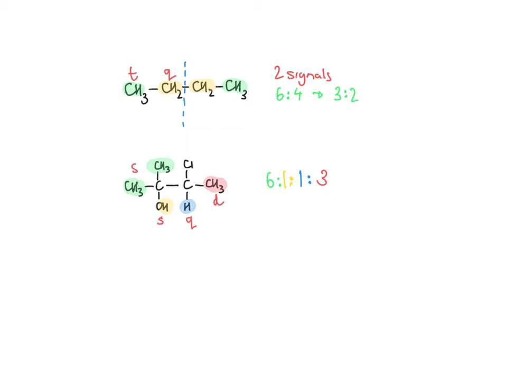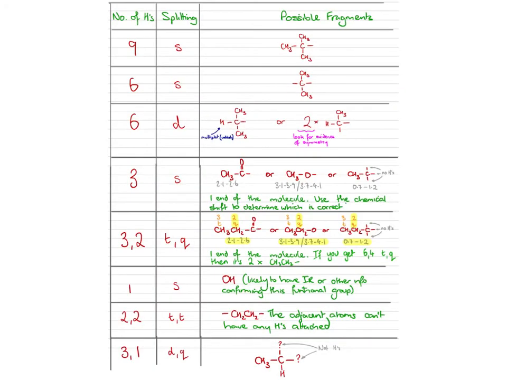So I'm going to show you a table that I've made, and then I'll talk through it. Essentially, this table is there to highlight some of the patterns that appear in these NMR spectra.